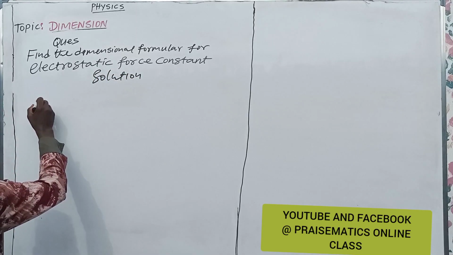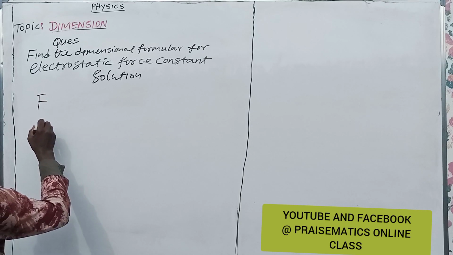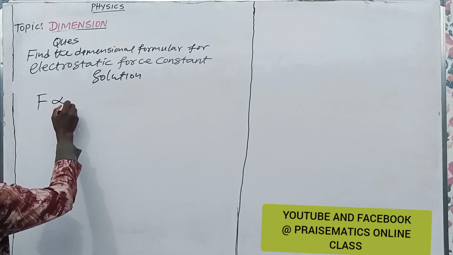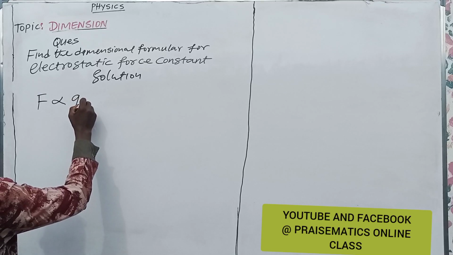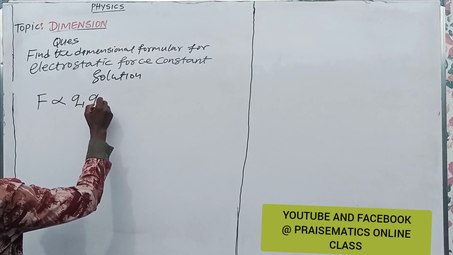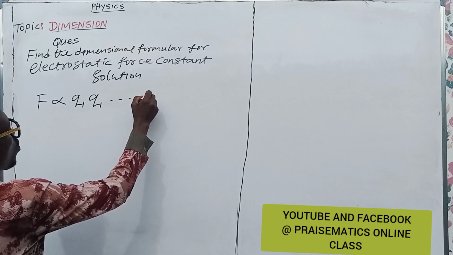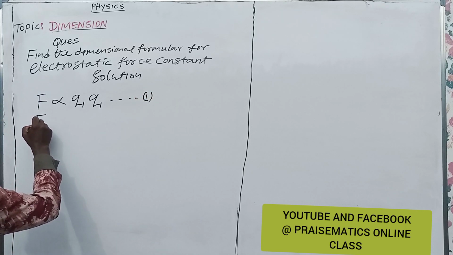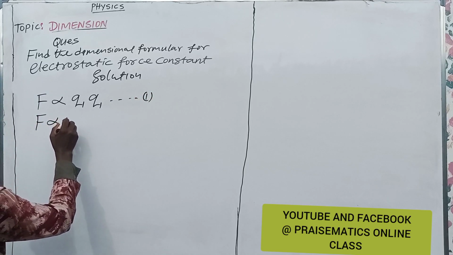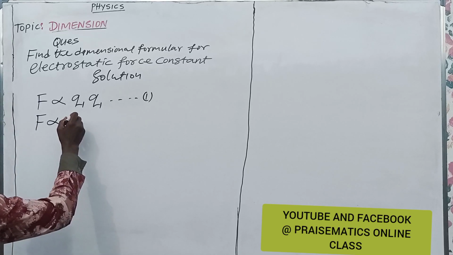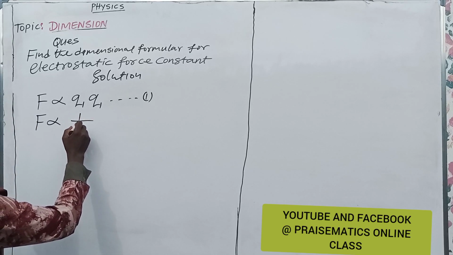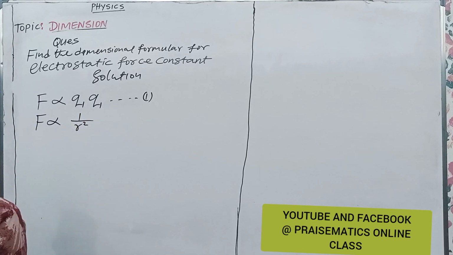It states that the force of attraction is directly proportional to the product of the charges, charge 1 and charge 2. Say equation 1. And the same force is inversely proportional to the square of the distance.